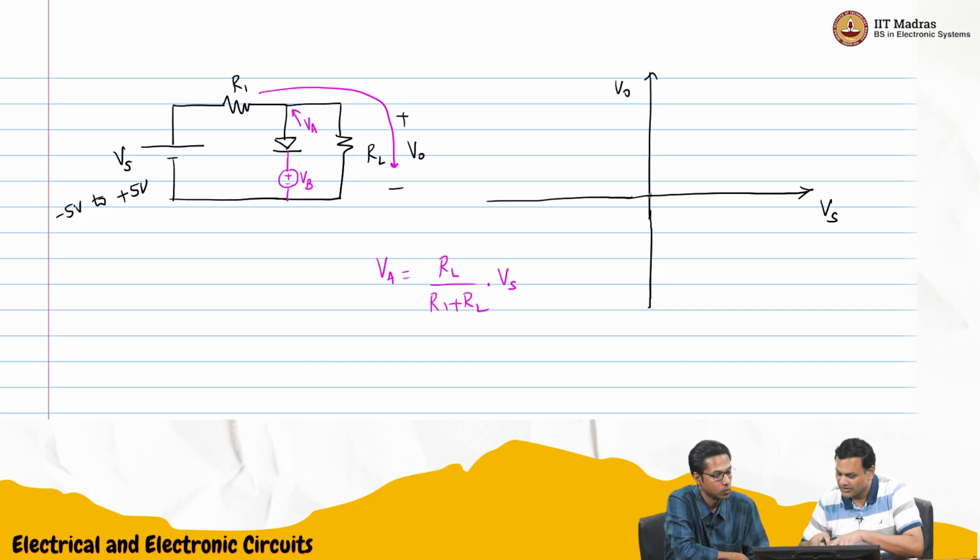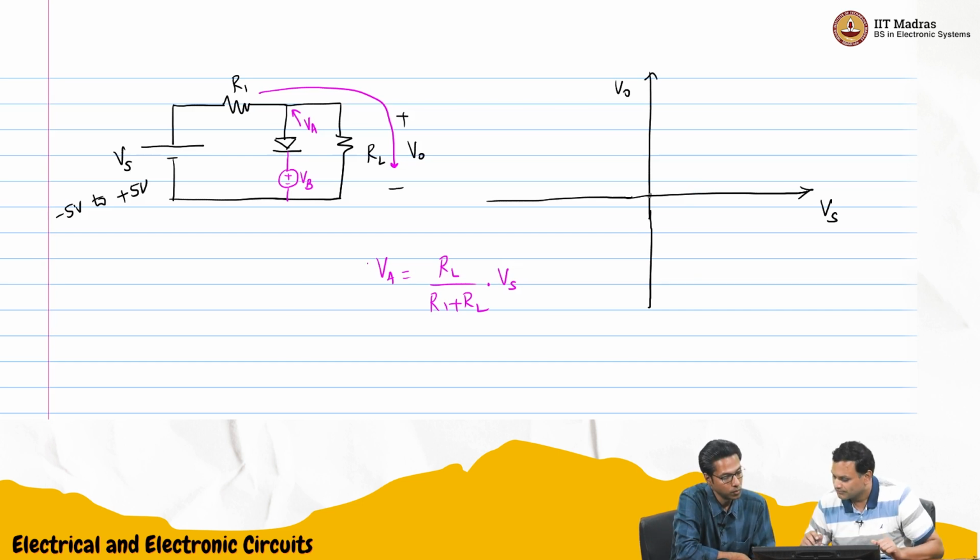So till VA reaches this, the diode is off. We are varying Vs, and we want to set this to VB.